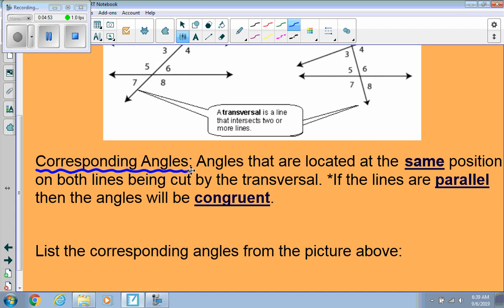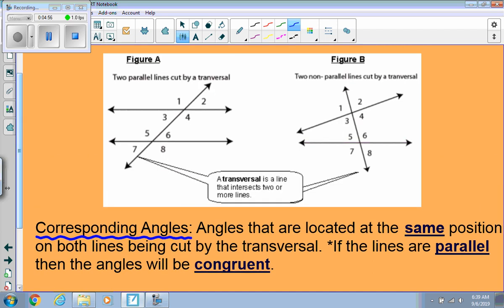If we're looking at the picture above, I like to think about drawing a little box along my picture.